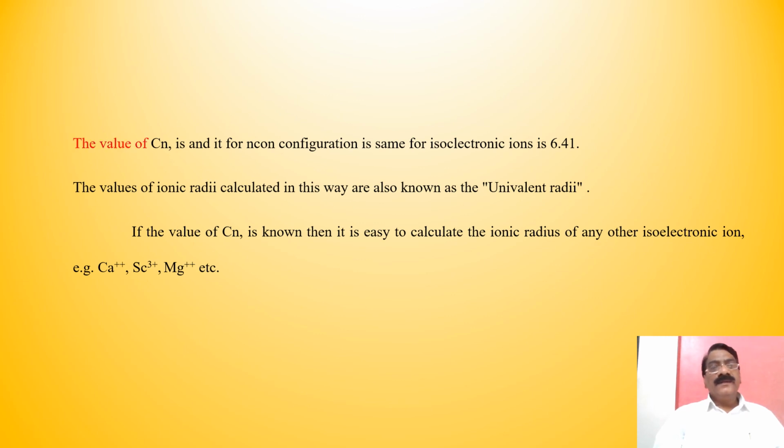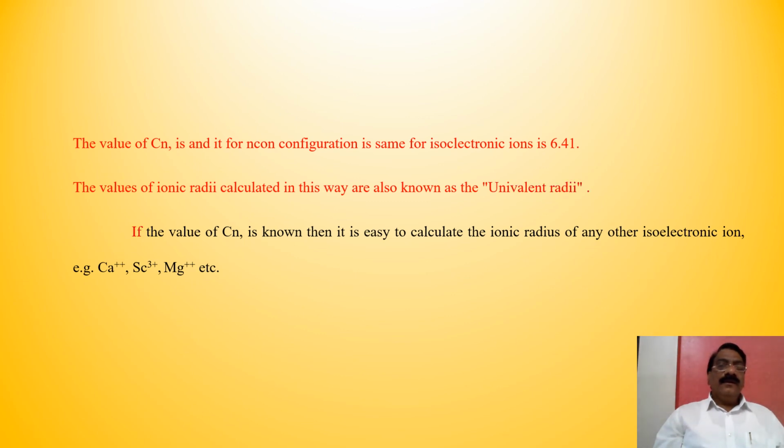The value of Cn for neon configuration, which is the same for isoelectronic ions, is 6.41. The values of ionic radii calculated in this way are also known as the univalent radii.